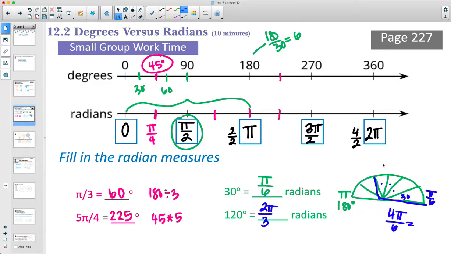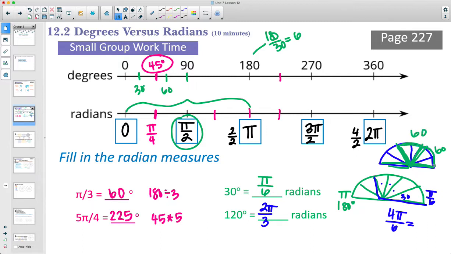So another way to think about that is that 60, let me get this drawn back on here. So 60 we could have thought of as going into 180 3 times. So we can see here, these are each 60 degree angles. So if this is 60, this is 60.